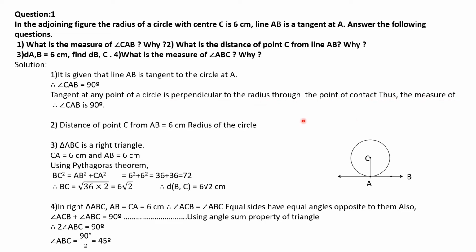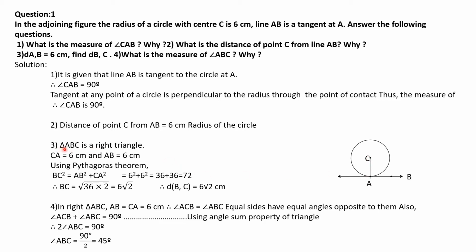Thus, the measure of the given angle is 90 degrees. Then, second one, the distance of point C from AB is equal to 6 cm, the radius of the circle. Here the radius of a circle with center C is 6 cm. So the distance of AB from point C is also 6 cm.